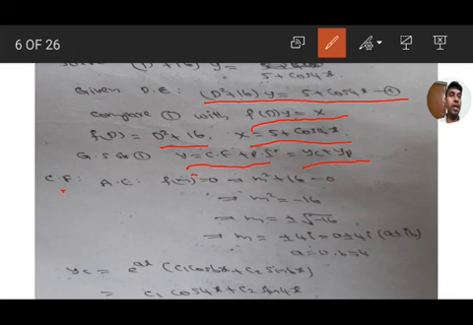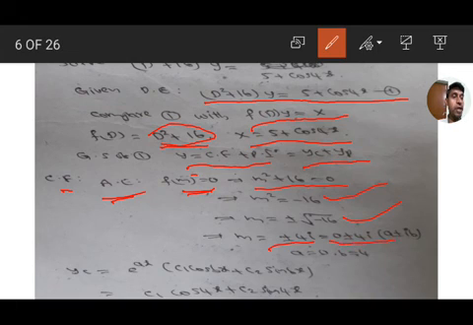So for the complementary function, the auxiliary equation f of m equal to 0. That means m square plus 16 equal to 0, m square equal to minus 16, m equal to plus or minus root of minus 16. Root 16 means 4, root minus 1 means i, so plus or minus 4i, that is 0 plus or minus 4i, the a plus or minus ib form.